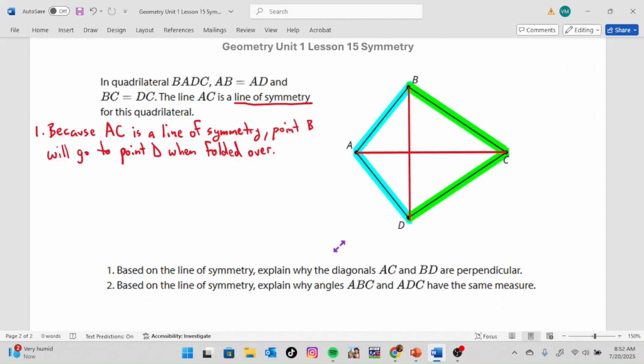Because this is going to happen, this means AC is the perpendicular bisector of the second red line that we drew, BD.